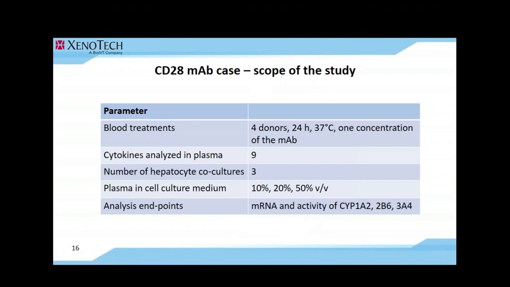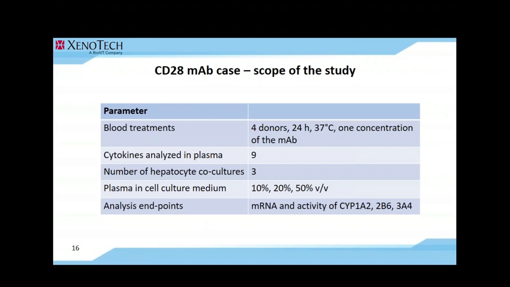As you recall from the earlier slides, the first element of our study design is treatment of the whole blood with a test article. For this study, blood was collected from 4 donors and treated with 1 concentration of the antibody for 24 hours at 37 degrees in an atmosphere of normal air.